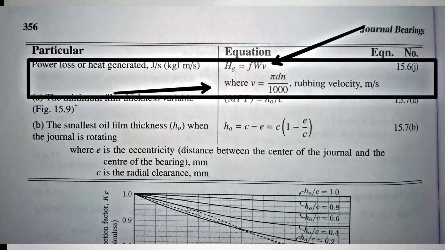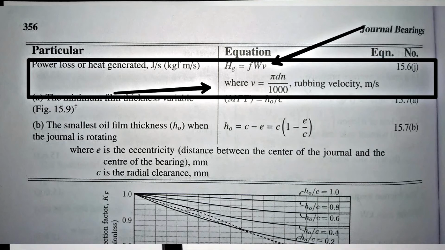W is also known to us, and the only thing that remains is the calculation of V. Here V is the velocity of the journal, and we can easily calculate it with the formula pi dn by 1000. This value will be in meters per second, since the division by 1000 automatically converts your mm into meters.